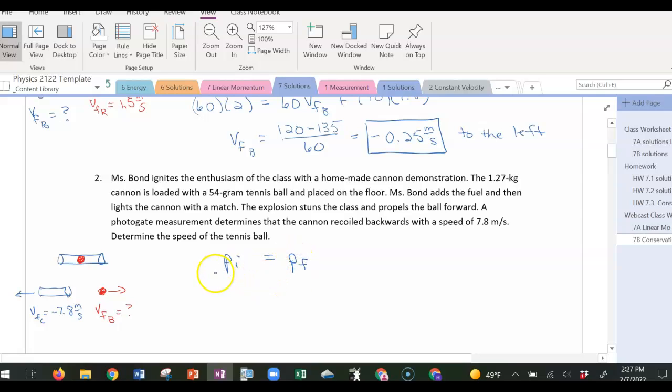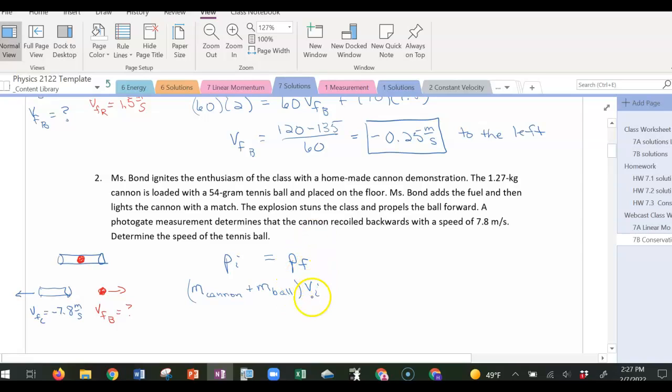At the beginning, I had the mass of the cannon plus the mass of the tennis ball, and they were both at the initial velocity, which was 0.